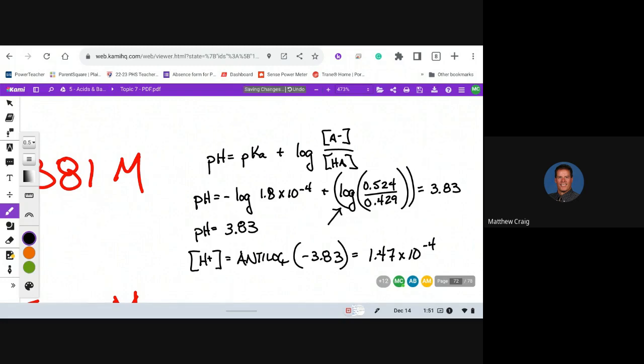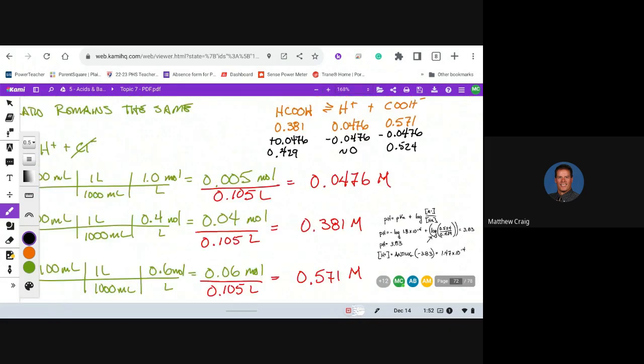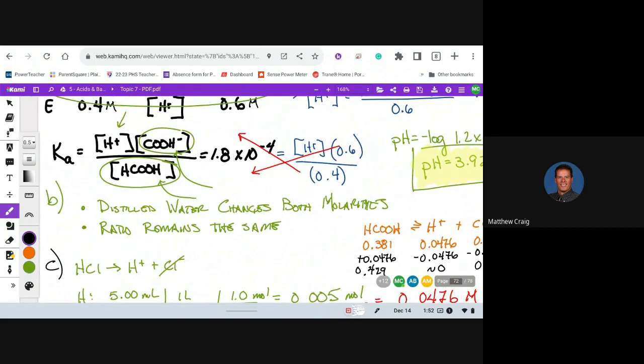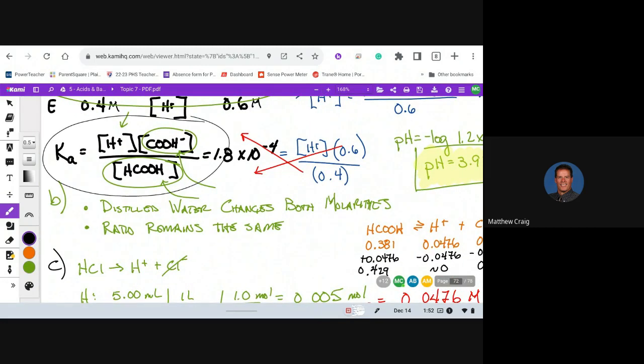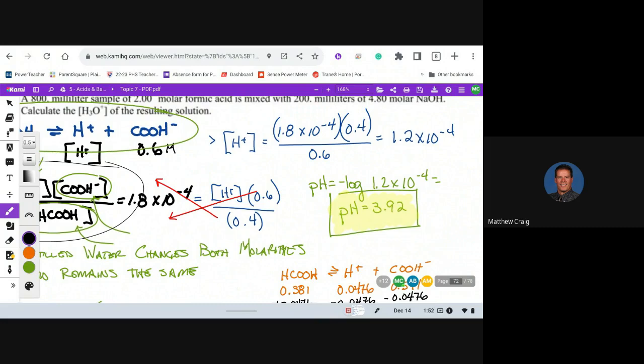Did you flip-flop the acid and the anion? No, that's not a flip-flop. She said she multiplied the Ka value by the one on top first, and then divided by the one on the bottom. When I got the hydrogen, then I put that in.